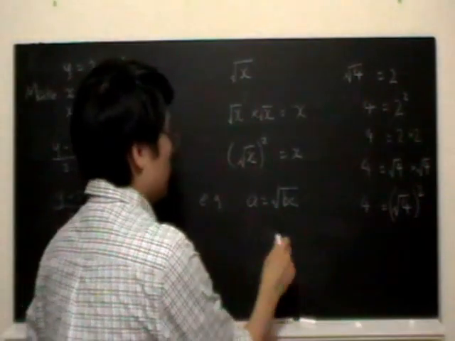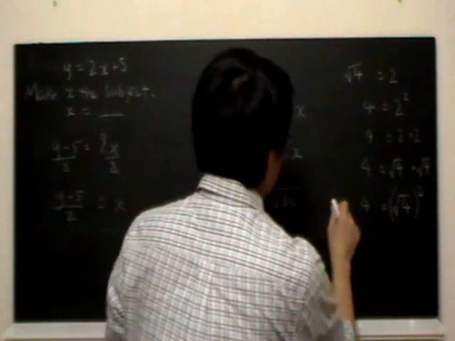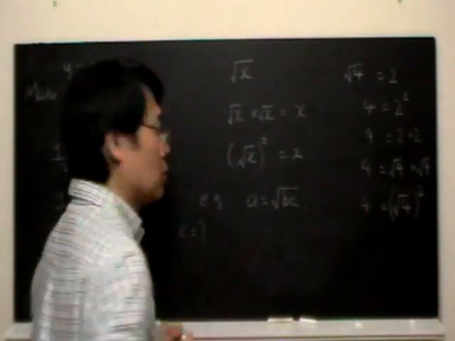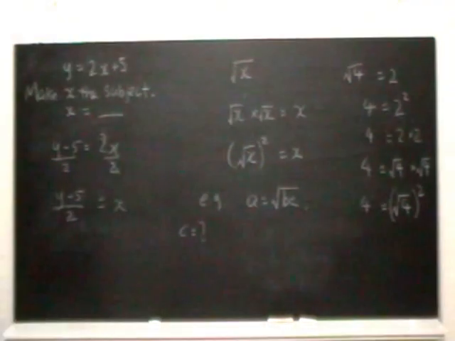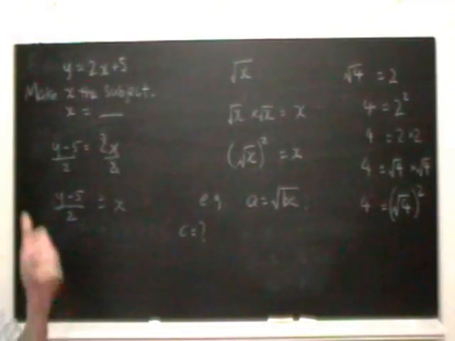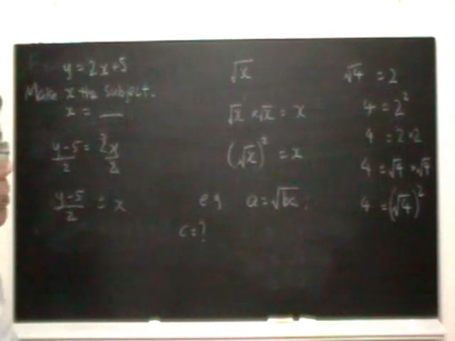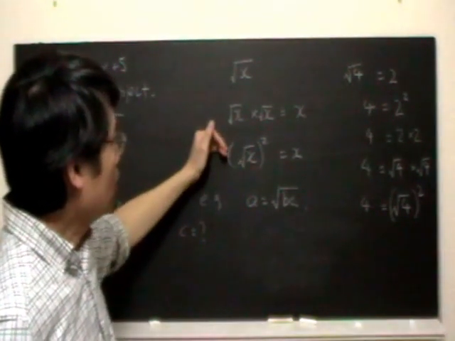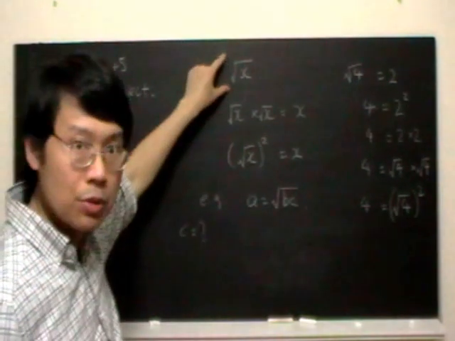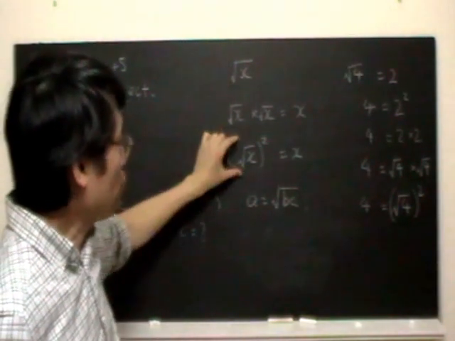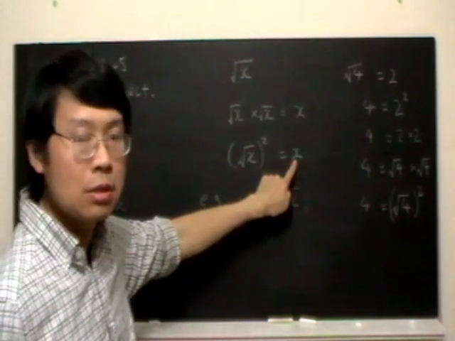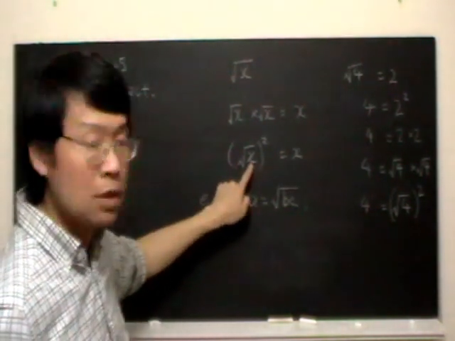Let me just write this down. That's the question. We want to make C the subject. The way to do it is to apply the ideas here. That if you have a square root, when you square it, you get back the thing under the square root sign.